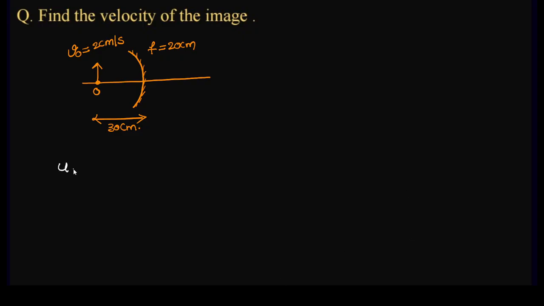So U value is minus 30 centimeters and the focal length is equal to minus 20. And what is the V value, tell me now? Image distance is how much? 60. So that is minus 60.